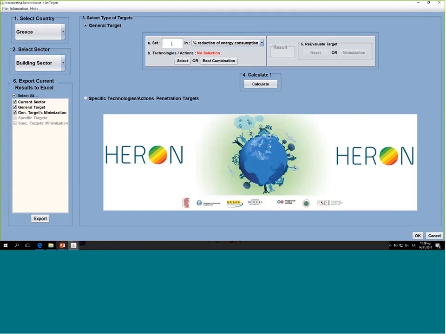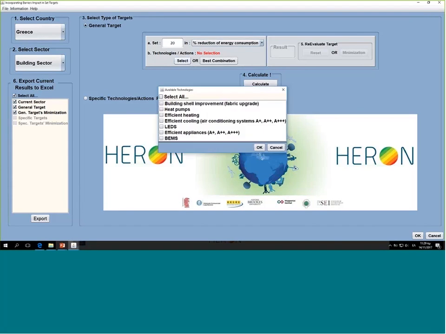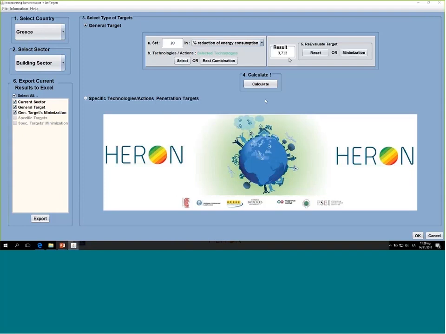We will type 20, meaning that this is a 20% reduction of energy consumption, and we can select the technology that will support this scenario for us. I'll select from these technologies these ones, and we calculate and see the outcome.